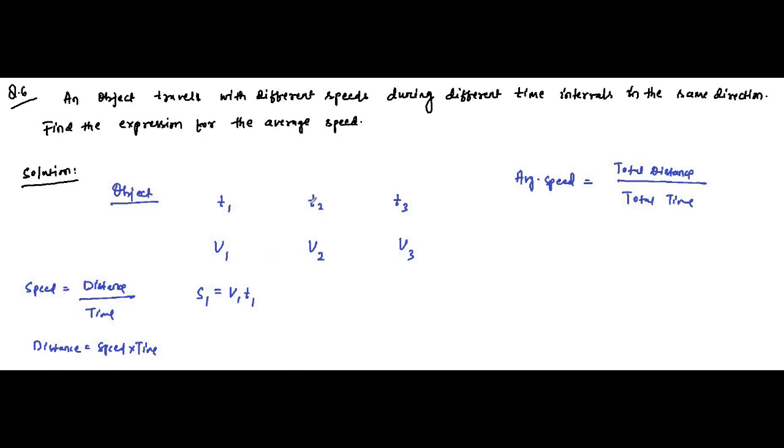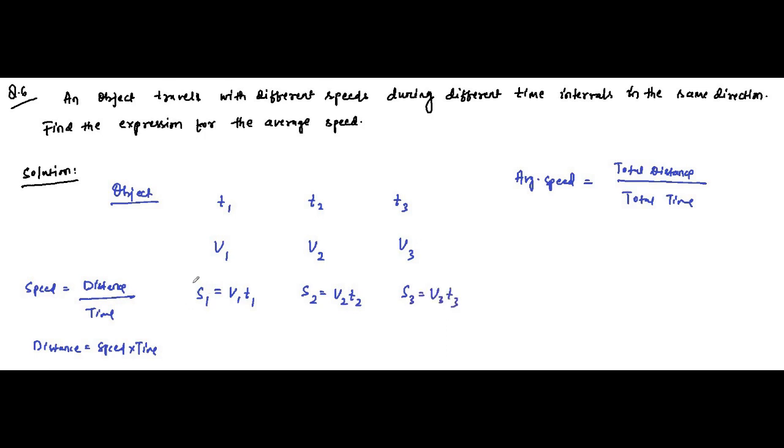Similarly, in the next t2 seconds, the object traveling with speed v2 covers a distance s2 equal to v2 t2, that is the product of speed and time. And in the duration t3 seconds, traveling with speed v3, the object covers a distance v3 t3.